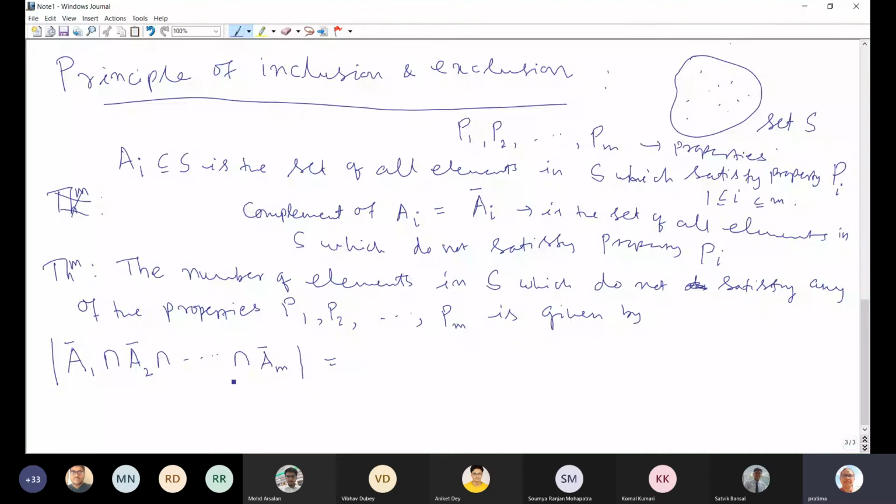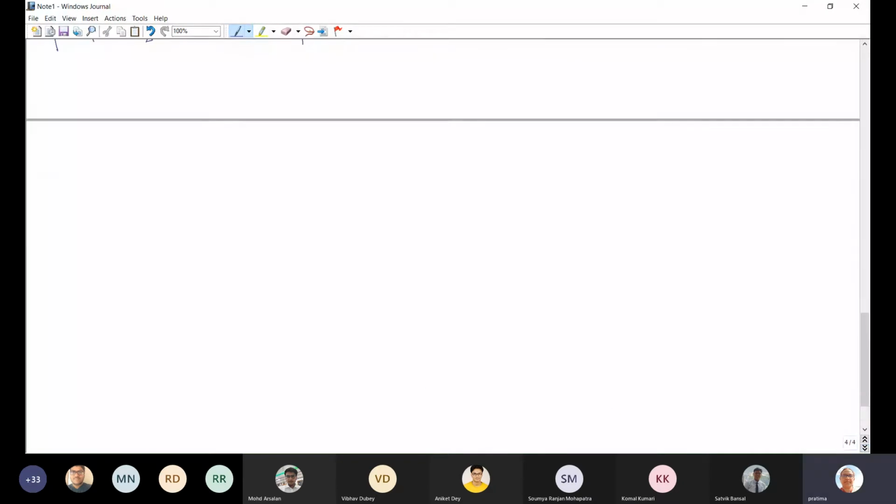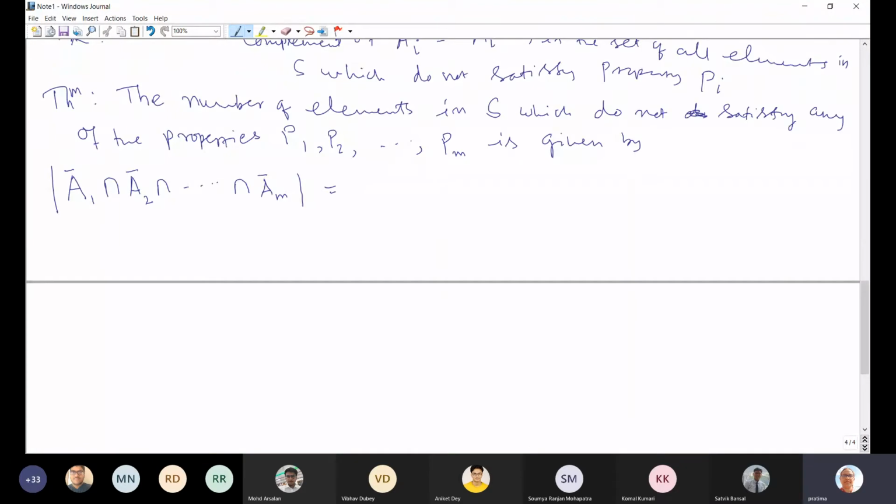This number we can get in terms of, first of all, the cardinality of S. S is a finite set.